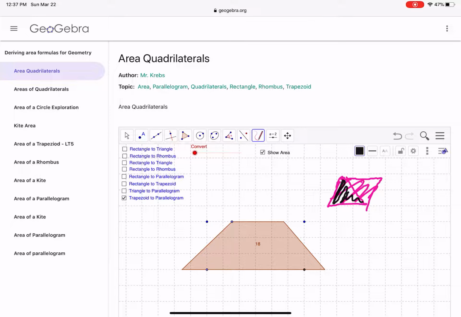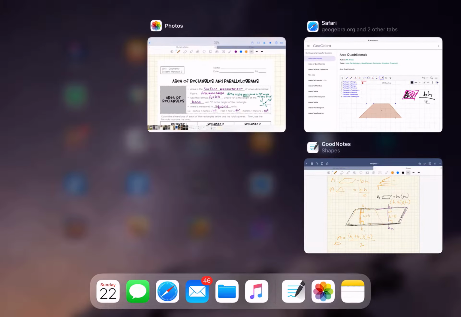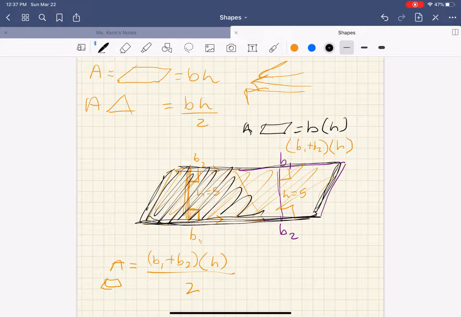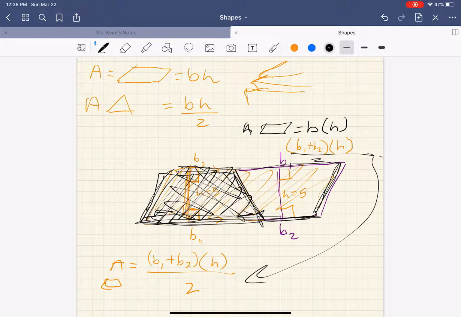So to do that, we had to take the base and the height and divide by 2. It's the same idea here. We don't want the area of this entire parallelogram. We just want the area of our original trapezoid. So we need to take whatever the area of our parallelogram is and divide it by 2. And so that is how you get the area of the trapezoid formula.